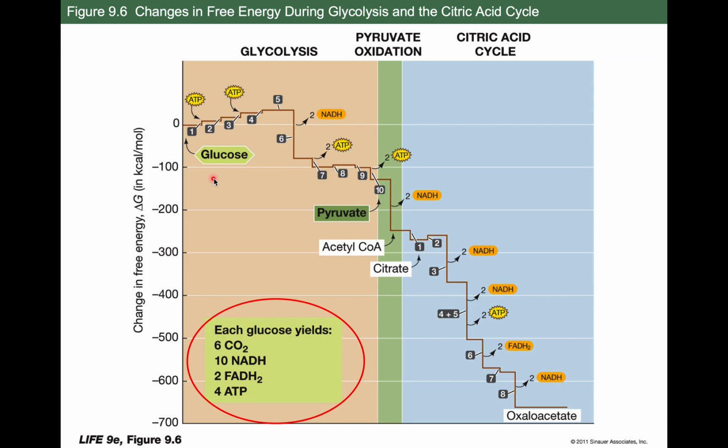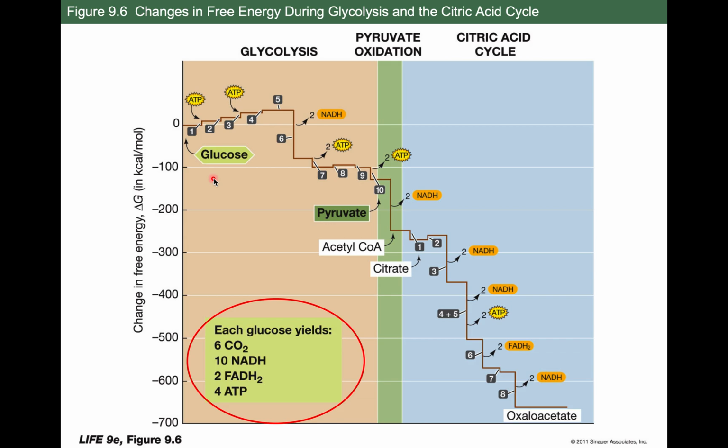That pyruvate then gets imported into the matrix of the mitochondria, where it's oxidized in this pyruvate oxidation step. That converts the pyruvate into a molecule called acetyl-CoA and produces another reduced electron carrier, NADH, in the process.